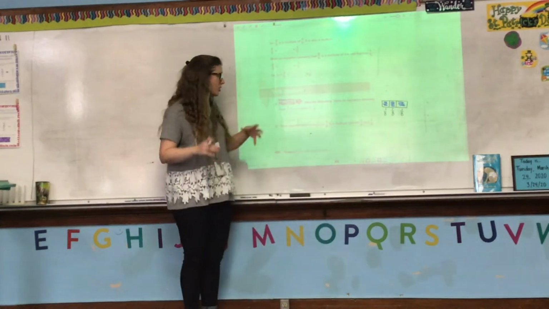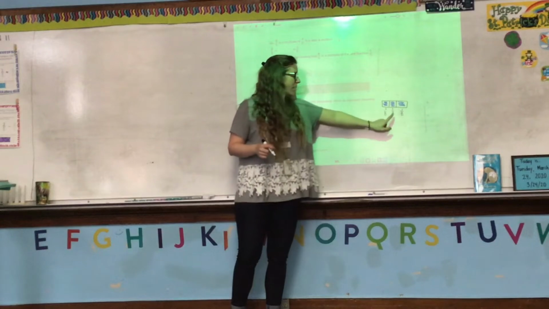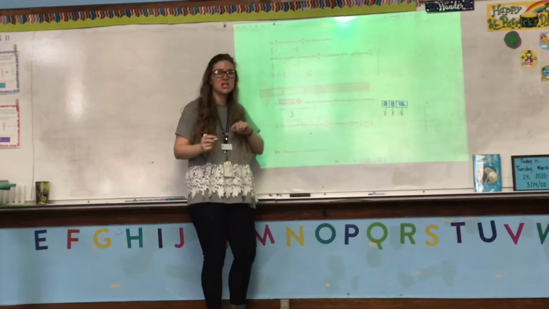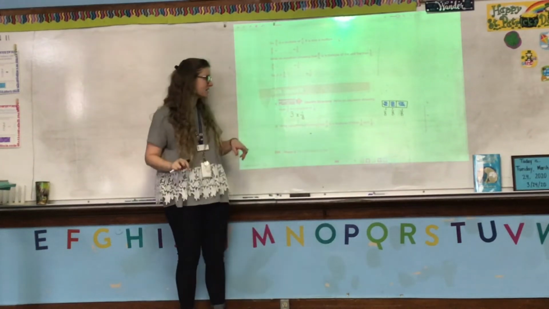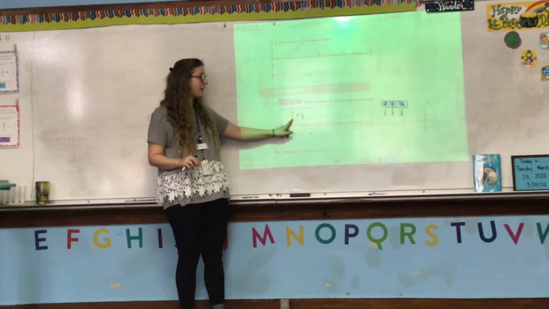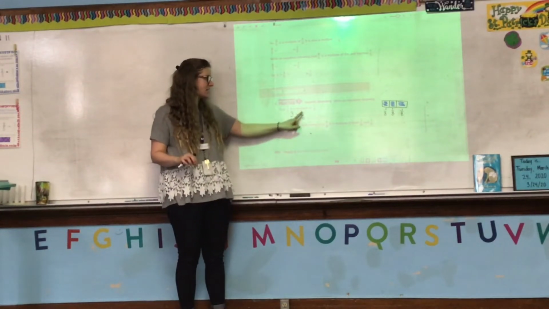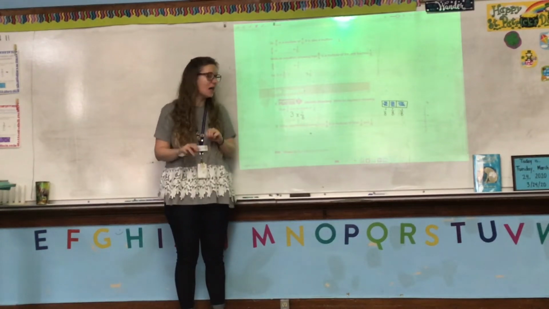Now, to write that as a multiple of 1/8, I am going to multiply the number of tiles I used, which is 3, times the unit fraction, which is 1/8. So 3 times 1/8 is an equation showing that 3/8 is a multiple of 1/8 because you would repeat 1/8 3 times to get 3/8.